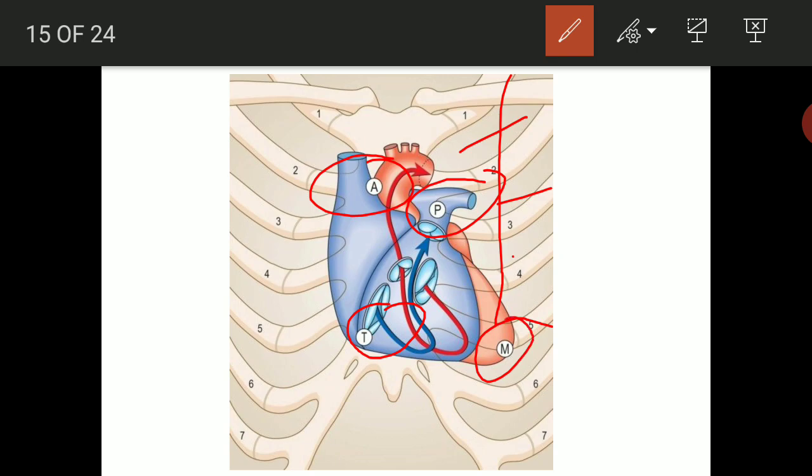These areas are defined according to the direction of flow of the valve, so heart sounds are better heard in these areas for the particular valve. Mitral valve closing will be better heard at the mitral area, aortic valve closure at the aortic area, and tricuspid valve closure at the tricuspid area.